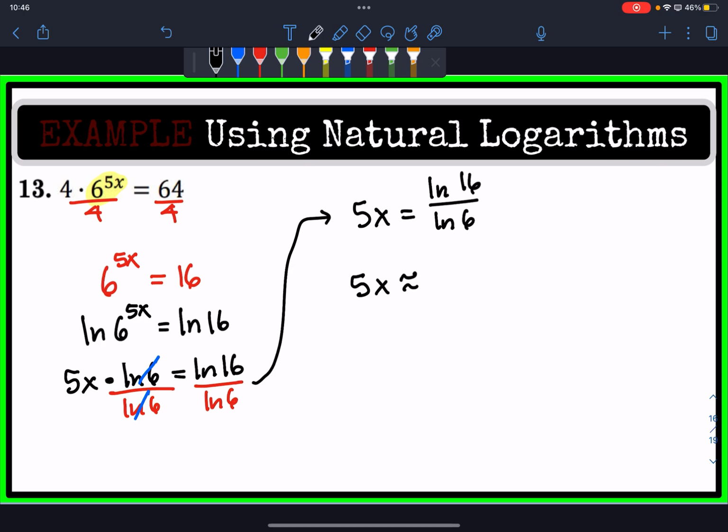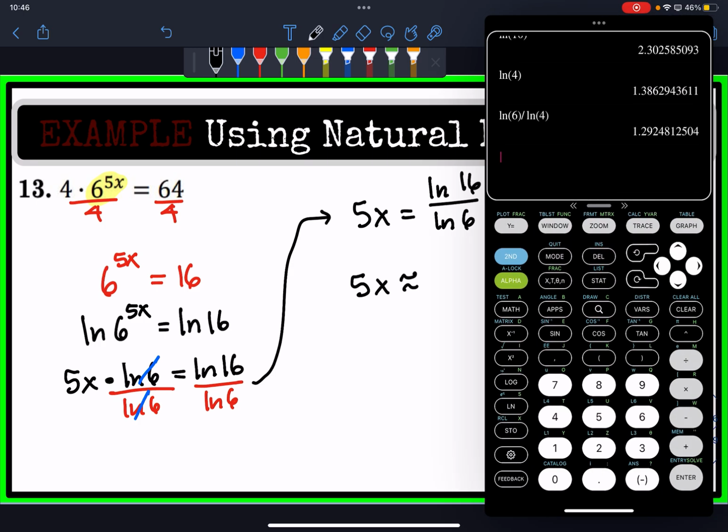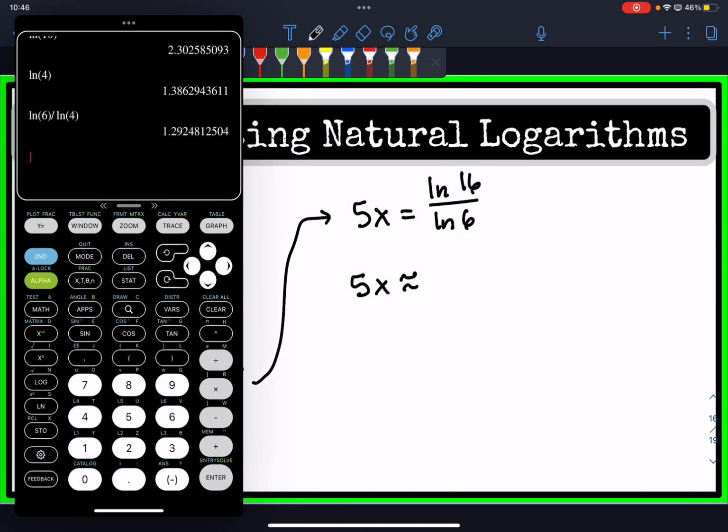And let's approximate this answer. Let's see, what is this answer going to approximate to? So let's take the natural log of 16, divide that by the natural log of 6. And that approximates to 1.547. Now, we have not finished yet because we still do not know the value of x. We're still missing that part there.